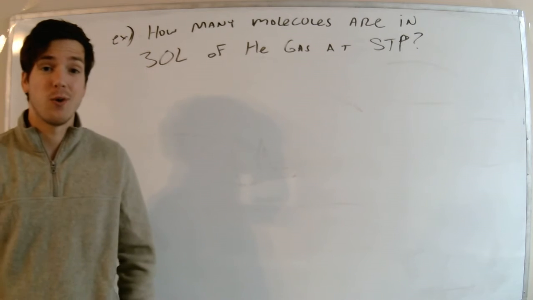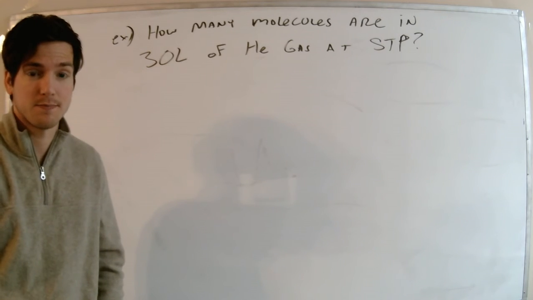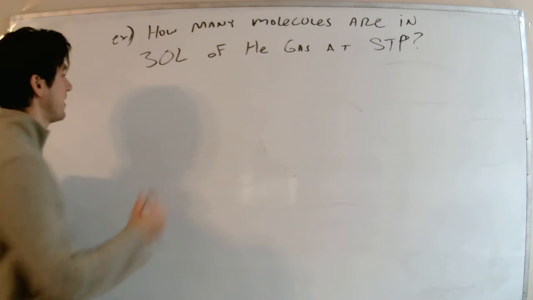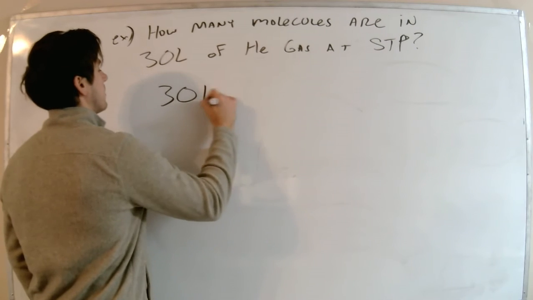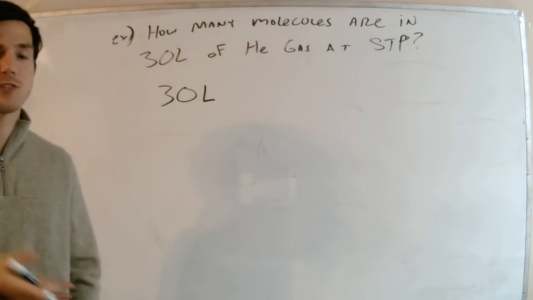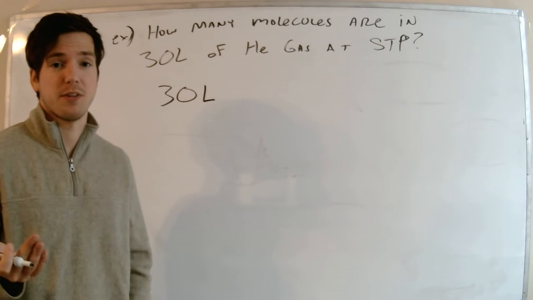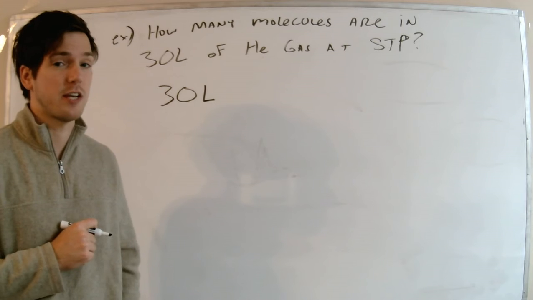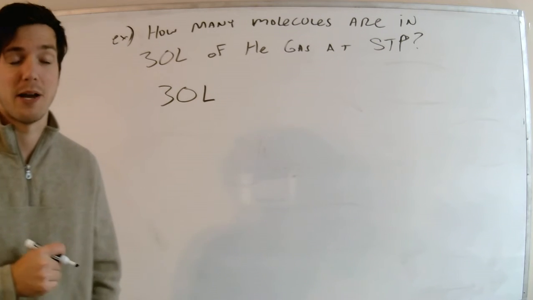So I gotta go to molecules now, but I gotta start with what I'm given. Right now, what I am given is 30 liters. Unfortunately, I don't have a straight conversion from liters to molecules, right? The only thing that I know right now that I could change liters to is moles by using 22.4.